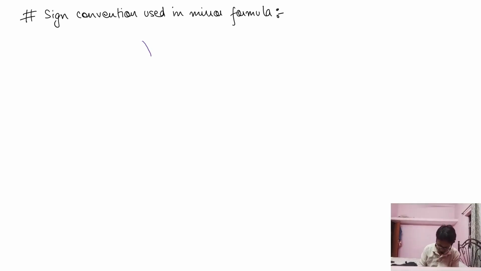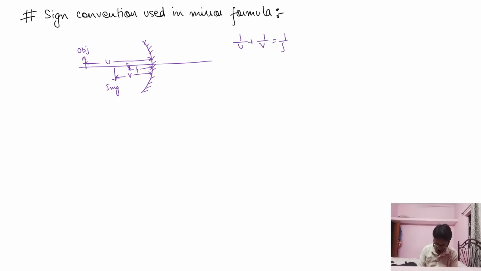So suppose this is a concave mirror, and this is our object position. This is the distance of the object from the pole. This is our image position. This is the distance of the image from the pole, and this is our focus, and this is the distance of the pole from the focus. And our mirror formula was 1 by u plus 1 by v is equal to 1 by f.